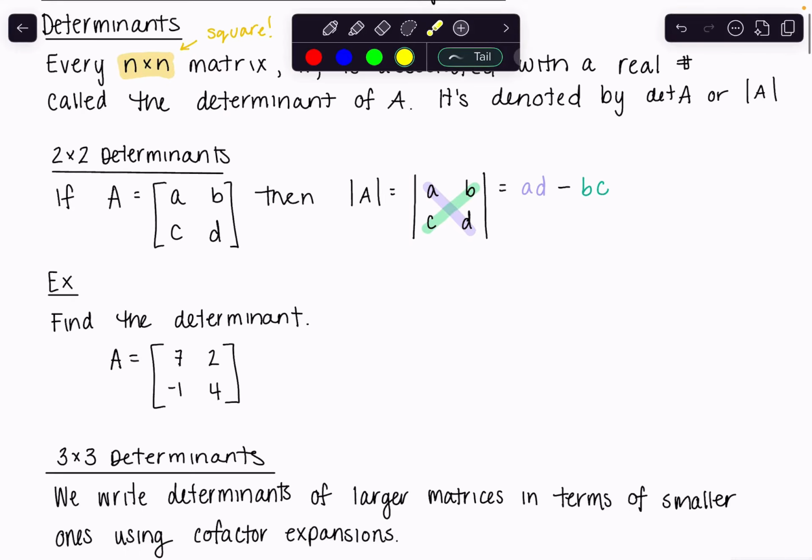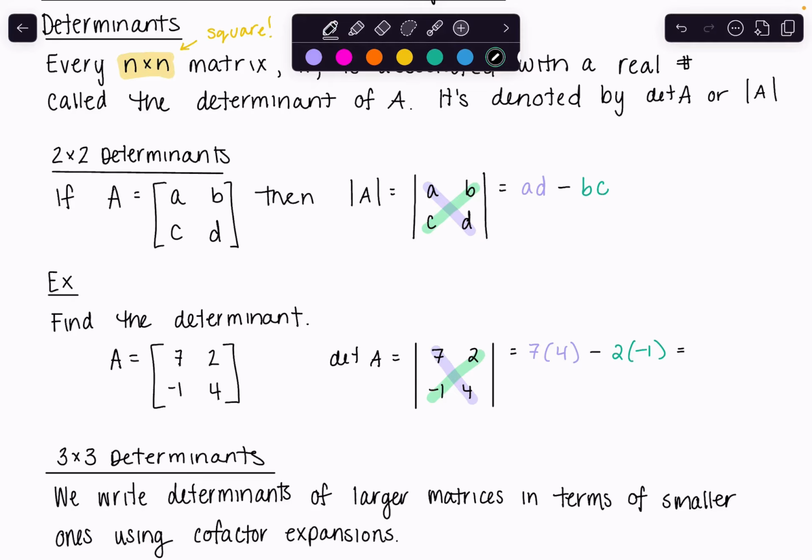So to show you with this particular matrix, if A has the elements 7, 2, -1, and 4, then when I go to find the determinant of A, again, we change those brackets to absolute values, straight lines. We take the product of the main diagonal. So this would be 7 times 4. And we subtract the off diagonal, which is 2 times -1.